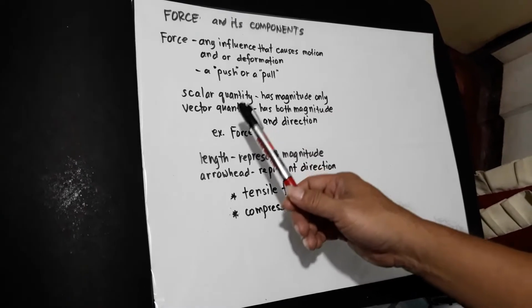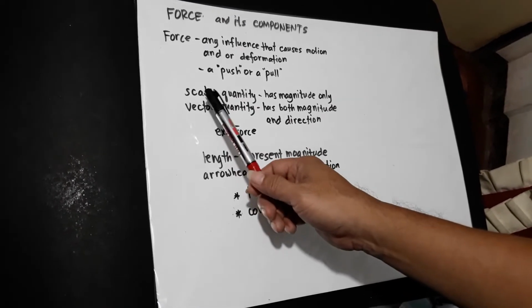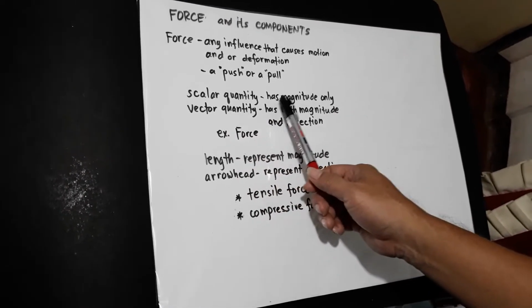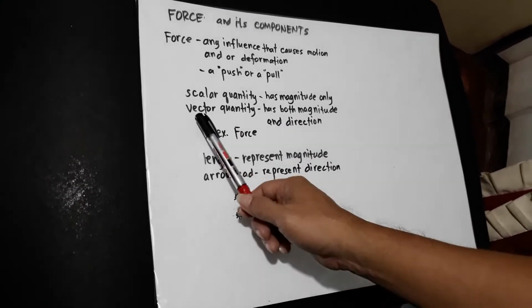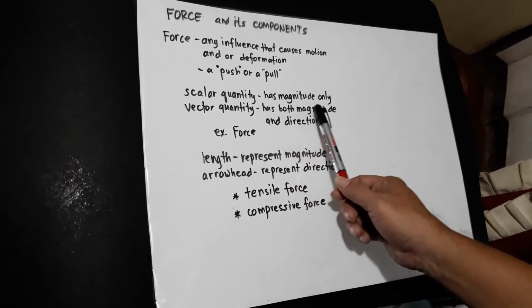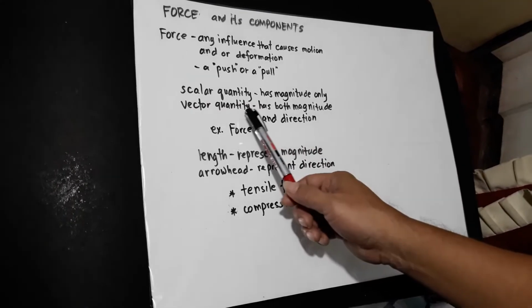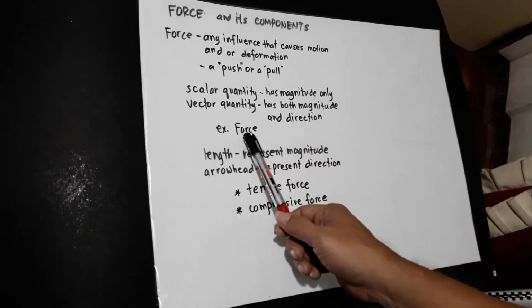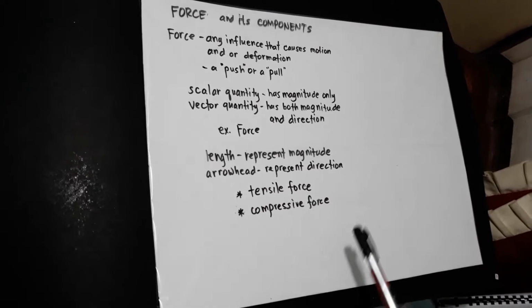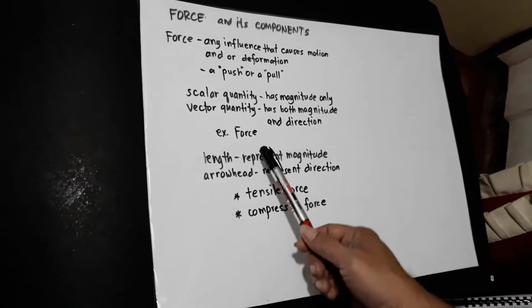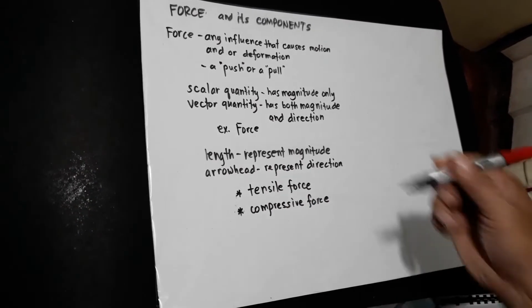Quantities can be classified as scalar quantity, which has magnitude only, and vector quantity, which has both magnitude and direction. An example of a vector quantity is the force. So the force is represented by an arrow.